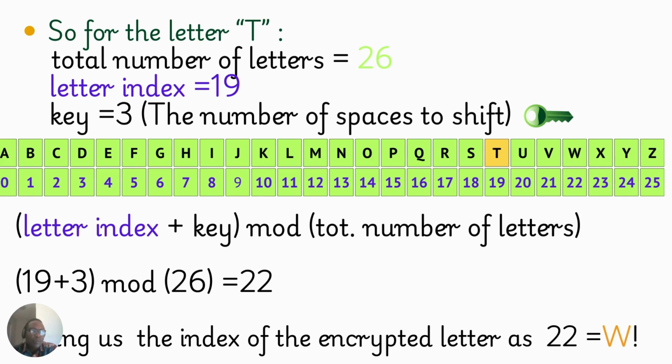Why is that so? Because 26 can't go inside 22, so the answer is actually 0 remainder 22, and therefore our modulus is 22. So all we have to do now is to take the index of our computation, which is 22, and check it, and we see that that is the letter W.